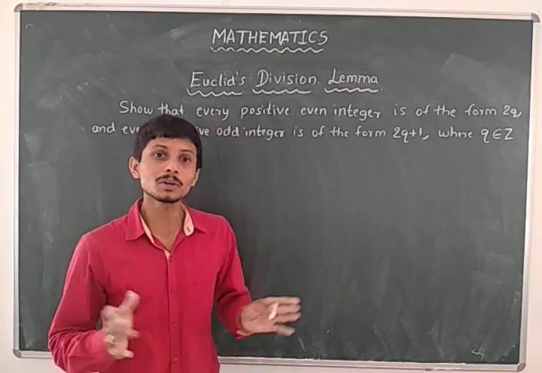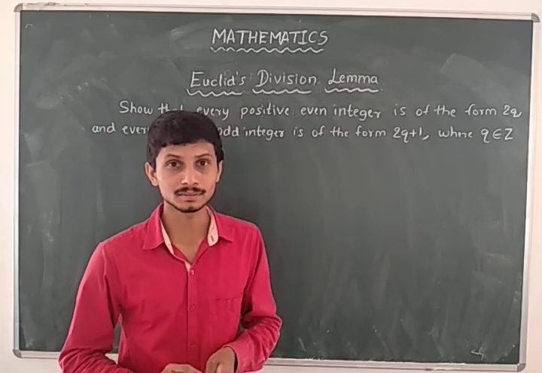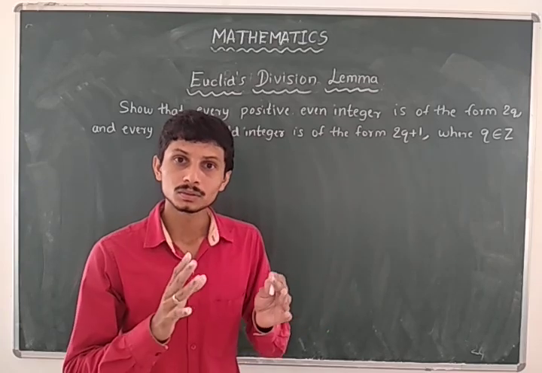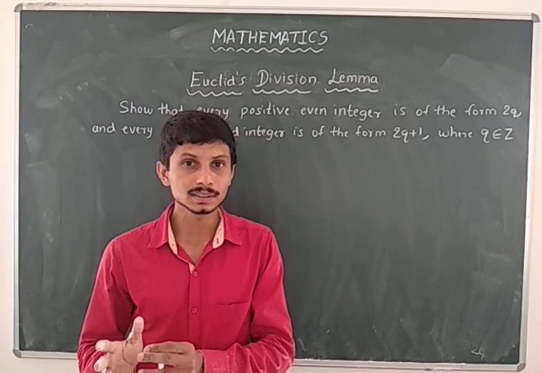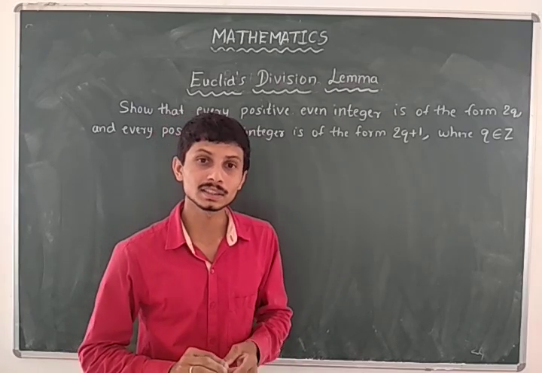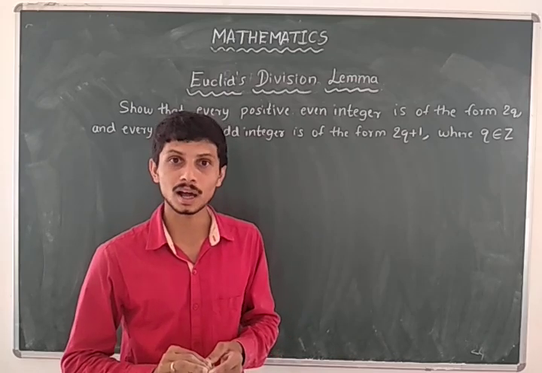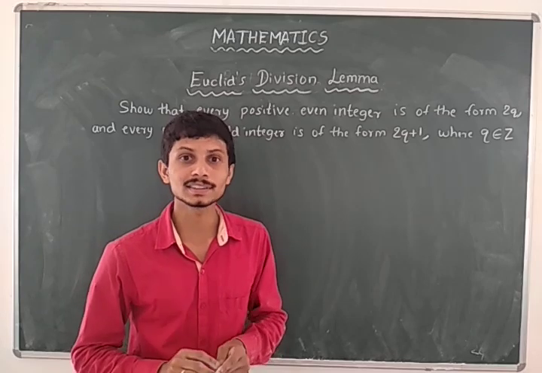Yes, you already know what Euclid's division lemma is. Euclid's division lemma states that for any two positive integers a and b, there exist two unique integers q and r that satisfy the condition a is equal to bq plus r, where r is greater than or equal to 0 and less than b.